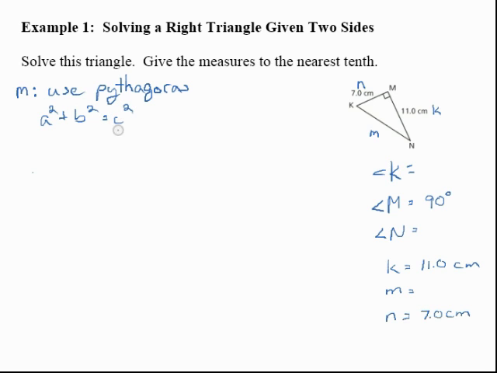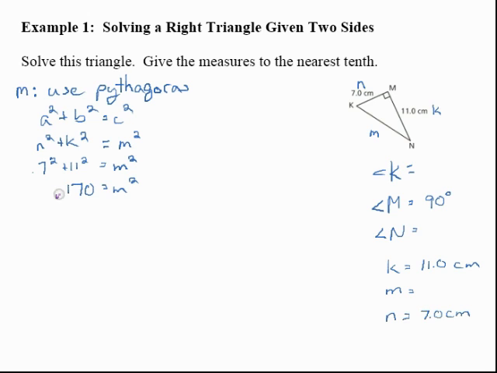When I translate that to this triangle, my c squared is always the hypotenuse, so that is m, and this can be n squared plus k squared. Then I will plug in my numbers, so this becomes 7 squared plus 11 squared equals m squared. And then this is 170 equals m squared.